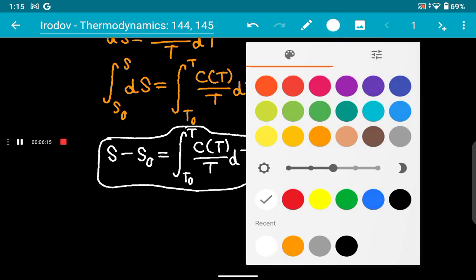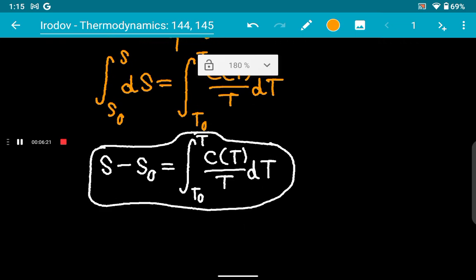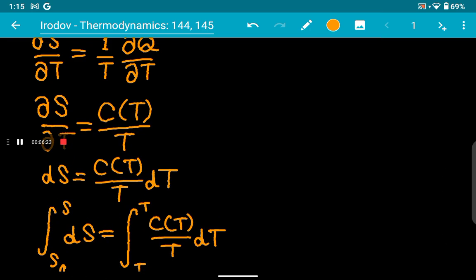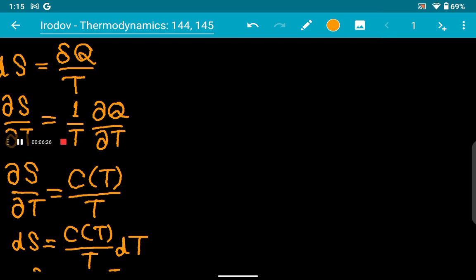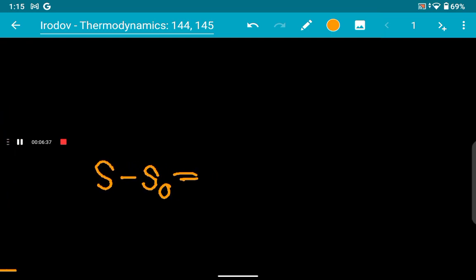And now let's come to the problems. Using this you can solve any problems like this. Now I have derived this formula, so let's apply it directly. In the second problem, let's take C as constant. If C is not constant, it is a function of temperature, C(T), and the last formula I derived is the answer, but it appears that C is a constant here.